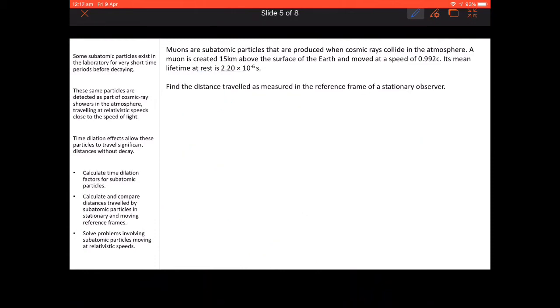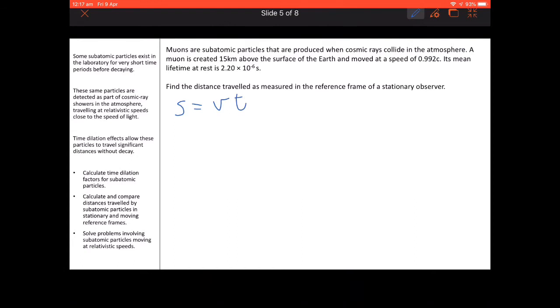The last thing we have to find is the distance travelled as measured in the reference frame of the stationary observer. For this, we go back to our displacement equals velocity times time equation. Hopefully you can see that's a rearrangement of velocity equals displacement over time. And we just sub in our values for the stationary observer, or the stationary reference frame.